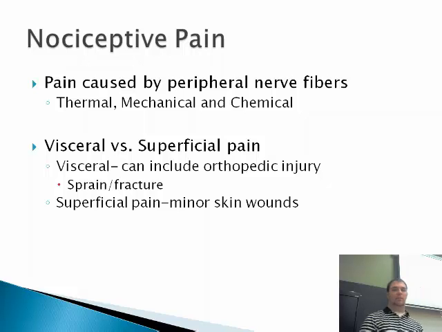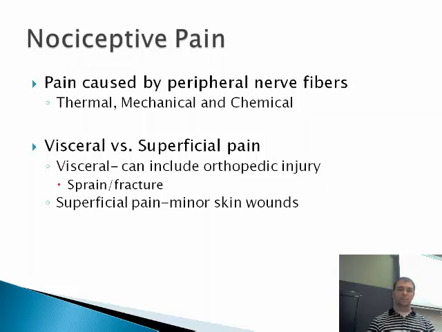So a lot of the articles I found on this topic discussed visceral and superficial pain. We talked a little bit about this with Jen, I believe, who did the PRRT, about visceral pain.